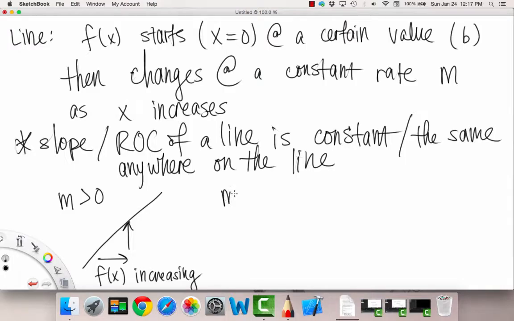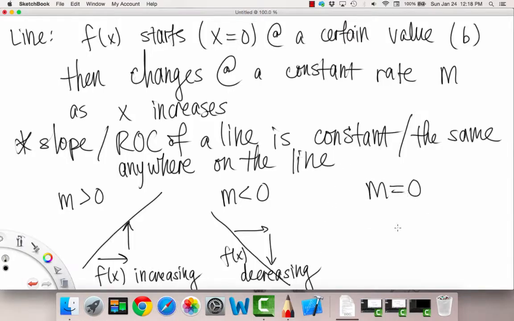Conversely, if m is less than 0, that means as we move to the right, our function values are decreasing, so our line has a downward slope. This would mean that f of x is decreasing. If, on the other hand, m is equal to 0, that means as we move to the right, our function values do not change.